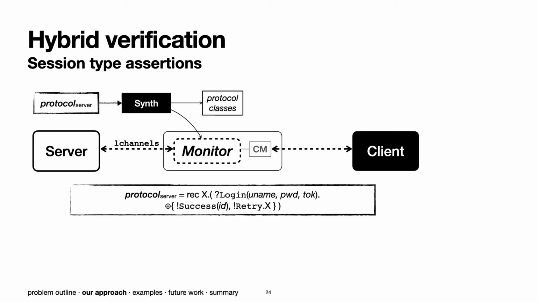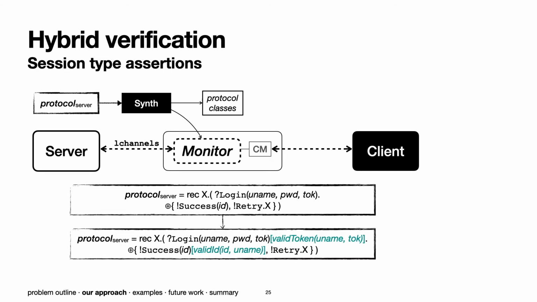Since the monitor acts as an intermediary between the two parties and has access to the messages being sent, we can actually augment the protocols by adding assertions. If we recall the protocol that the server should follow, which is shown here, assertions would look something like this. The assertions allow us to control the conditions under which interactions may be done.